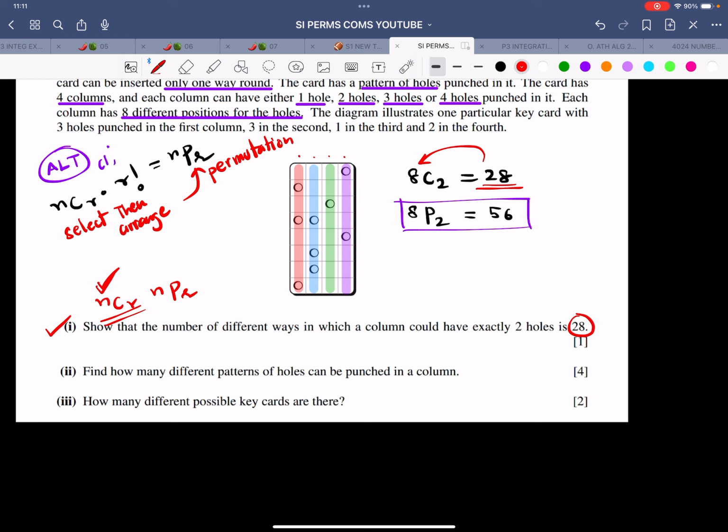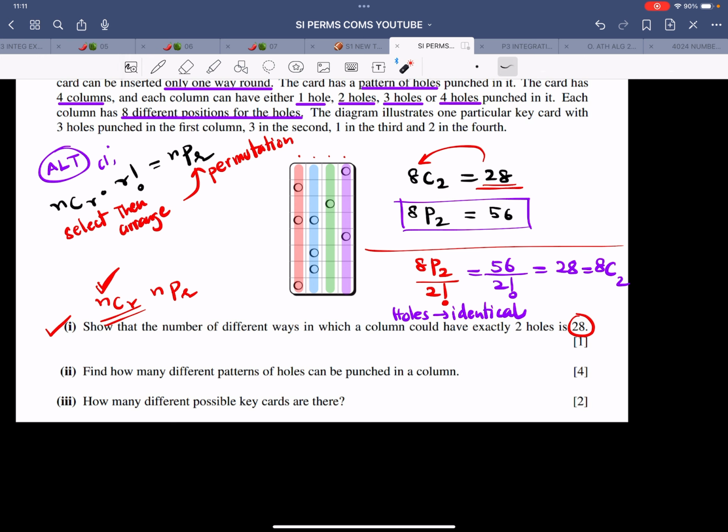That means if I say let's calculate 8P2 and then divide by 2 factorial, we are making an assumption, which is a very correct assumption, that the holes are identical. So we are using the concept of identical objects. That is 56 divided by 2 factorial, that becomes 28, which is actually 8C2. So there are 2 ways of explaining this idea.